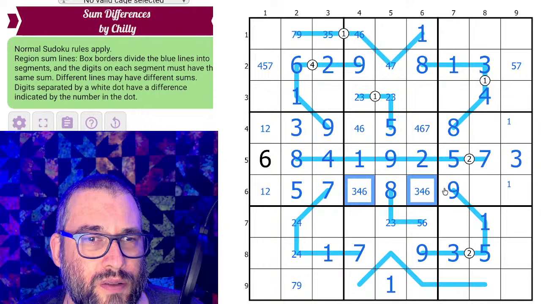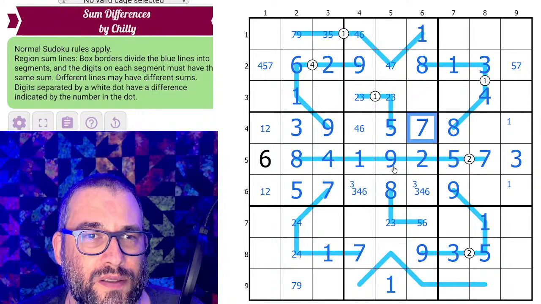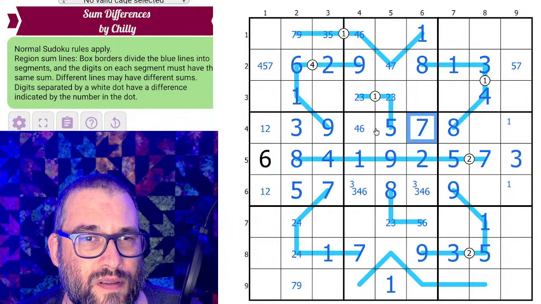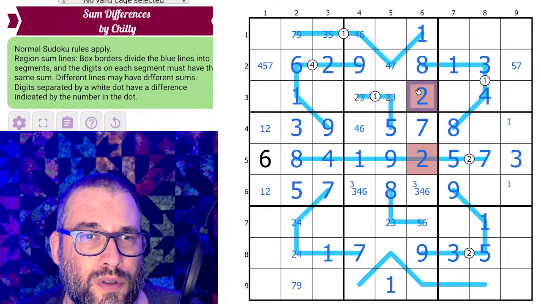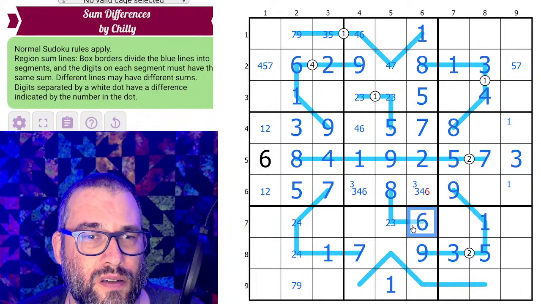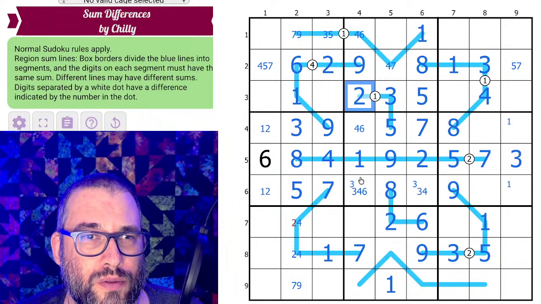Let's see. 3's here. 3, 4, 6 triple. So that's a 7. 5 in box 2 goes here. So that is a 6. That is a 2. Move 6 there. 3 and 2.